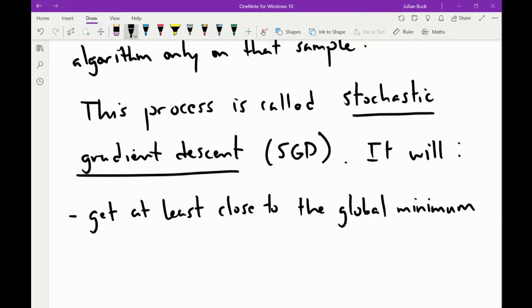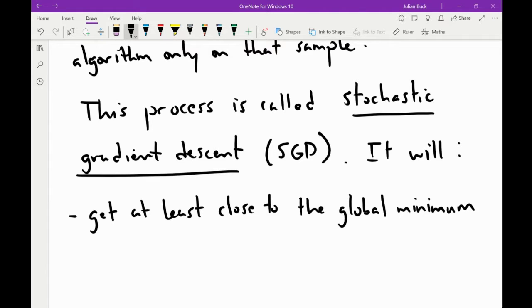So, in some sense, how could it know what the global minimum is for the entire data set if it's not looking at all of it? But it'll get close to it. And that's usually, of course, going to be good enough. We're getting close to a minimum for our loss function, even if we don't get quite the whole way there.